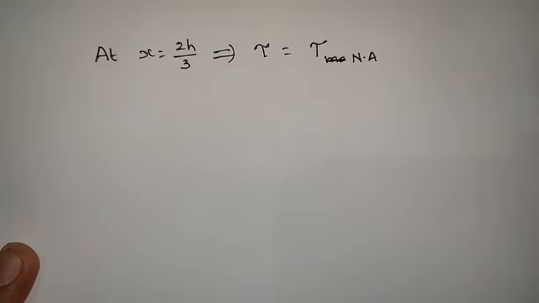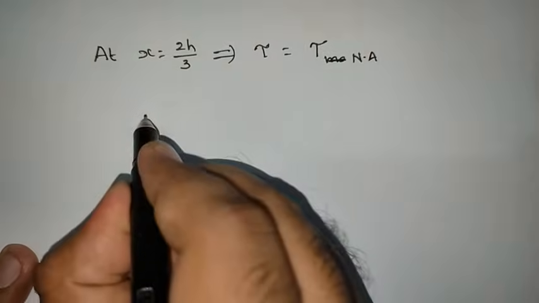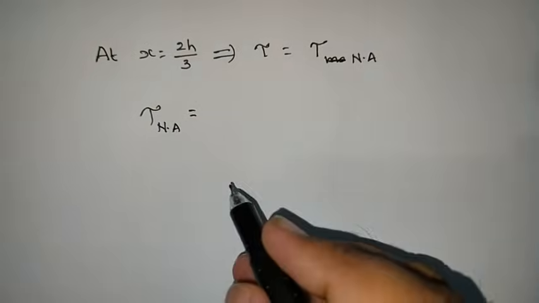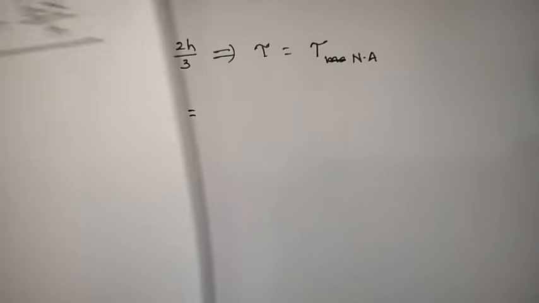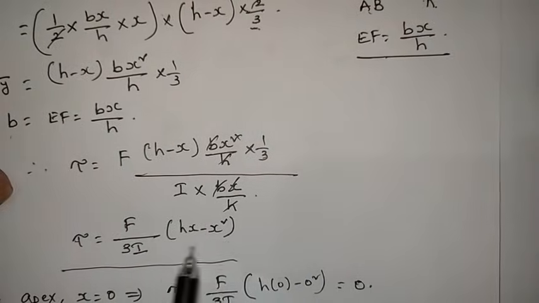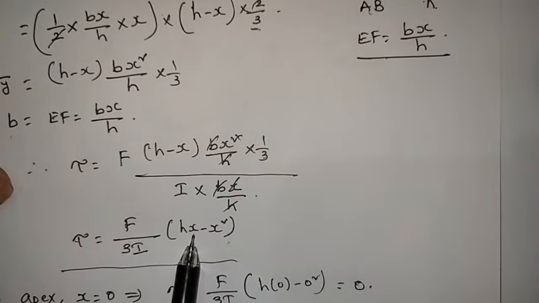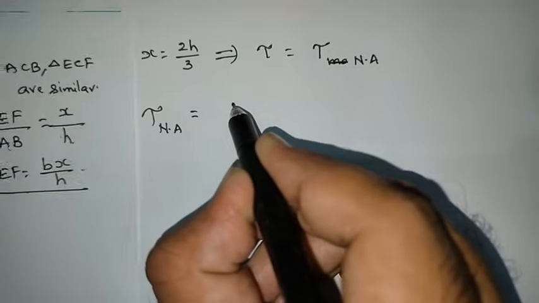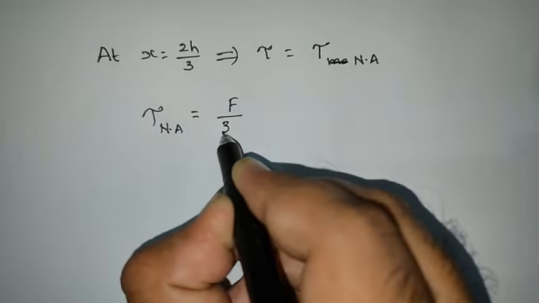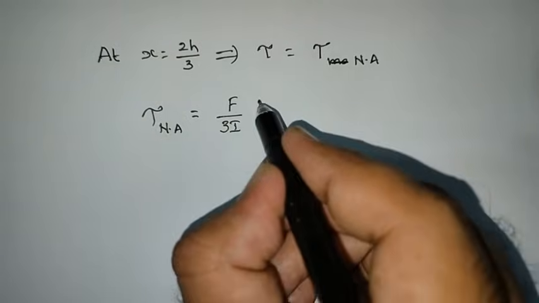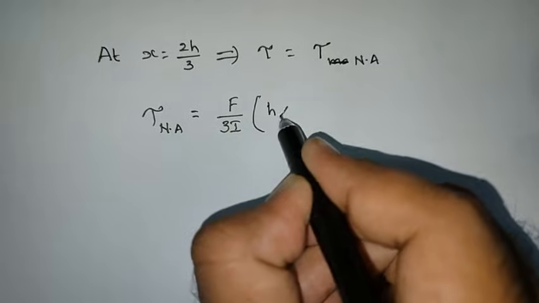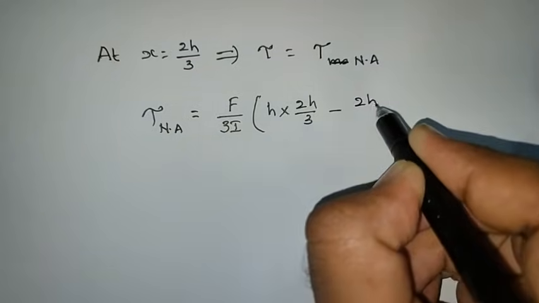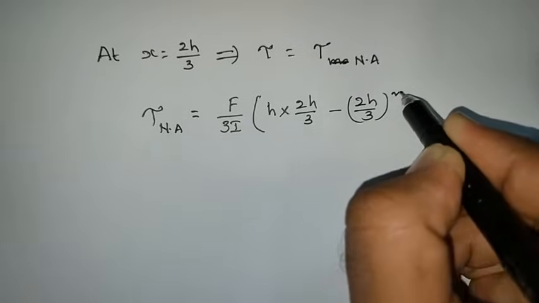So now, tau at neutral axis is equal to, in this expression substitute x equals 2h by 3. So it will be equal to F by 3I into h into, in place of x, 2h by 3 minus 2h by 3 whole square.